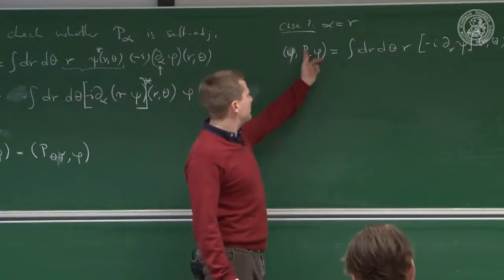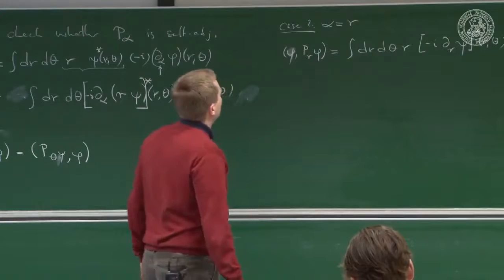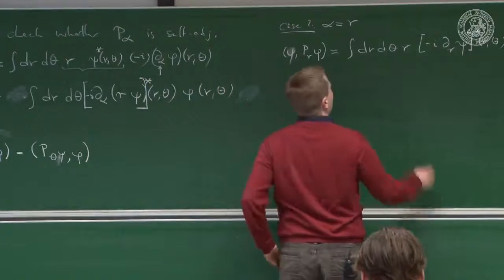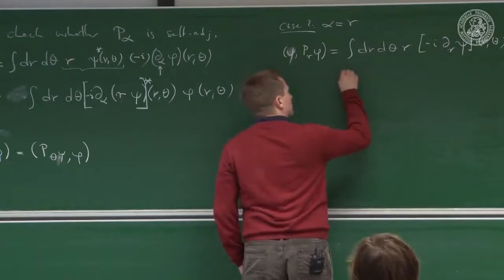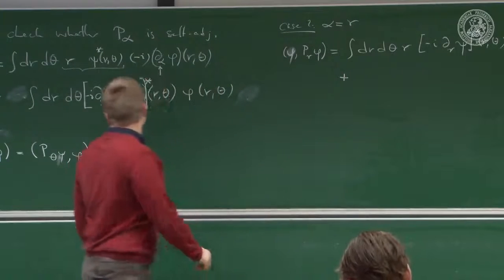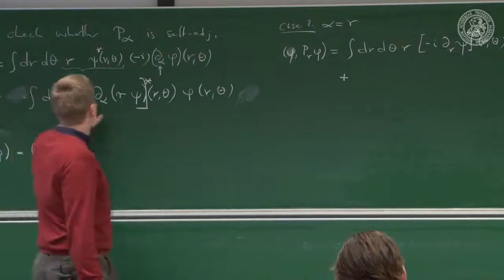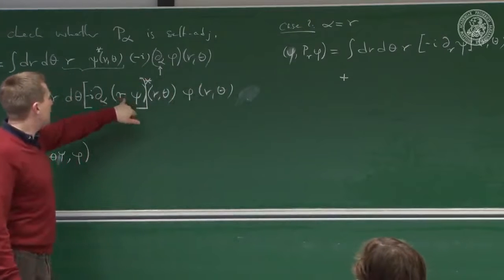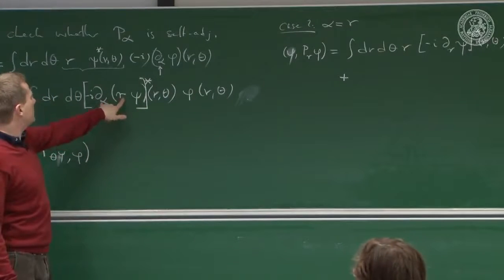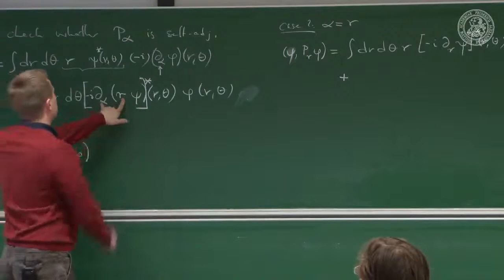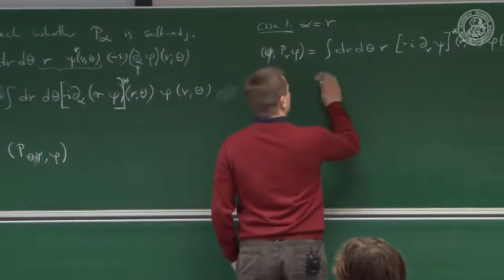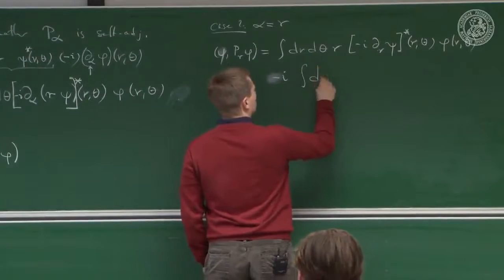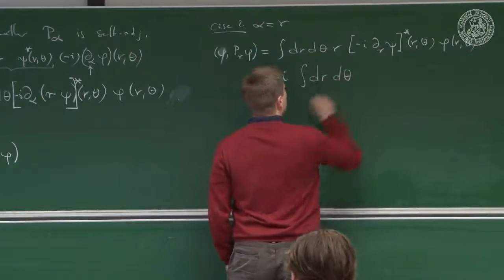We wanted it if the P_r were self-adjoint, but you see, because of the product rule, there is an extra term. Plus, well, okay, so what's the extra term? The ∂_r acts on the r, and all that's left is the ψ star itself. So, well, it's minus i times the integral dr dθ.